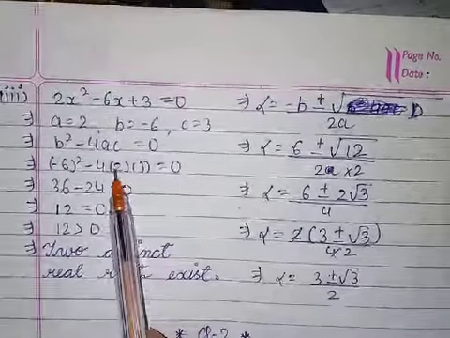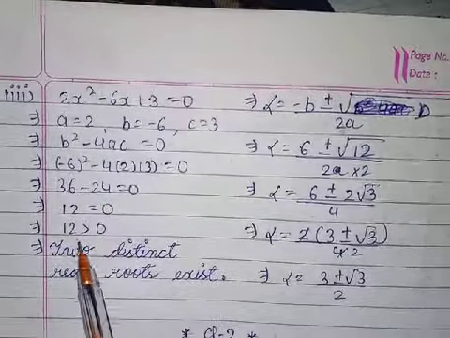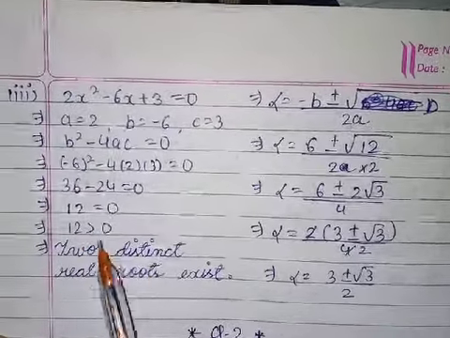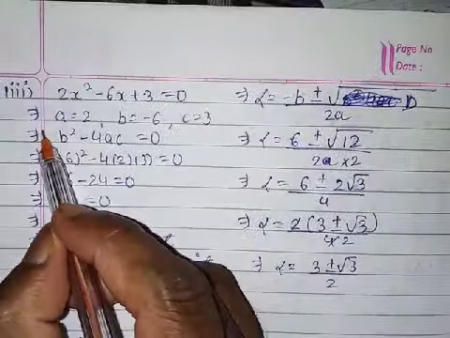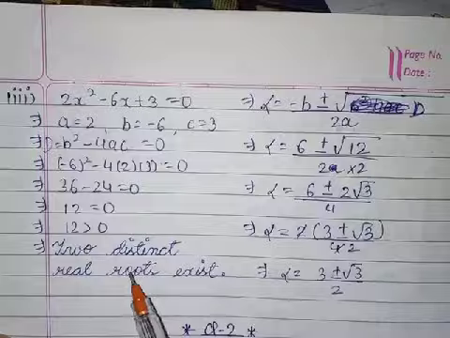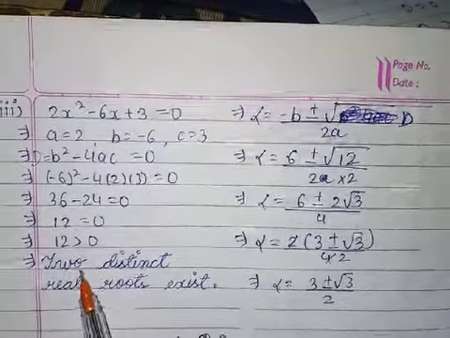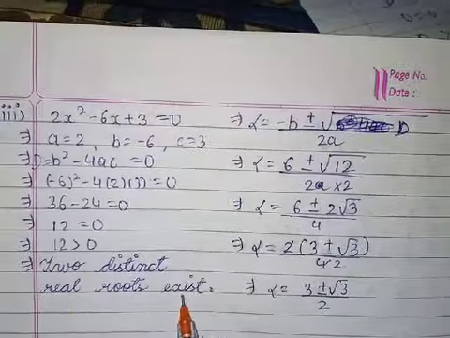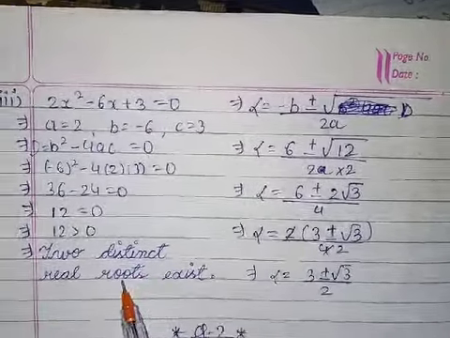So 3 2s are 6, 6 4s are 24. If you subtract, you will get 12. 12 is greater than 0. So by the nature, D is greater than 0. This is called the discriminant. So two distinct roots, and the roots are real and distinct, we can say.